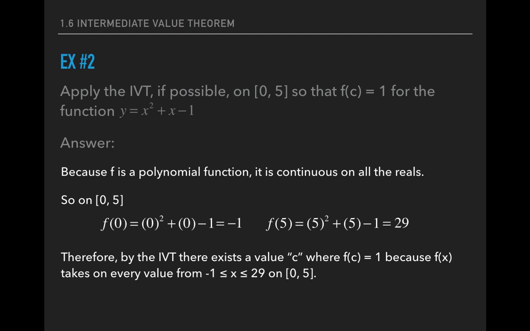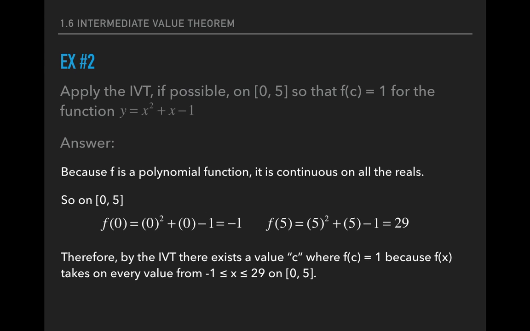Well, definitely that's going to happen, because by our theorem, there is going to exist a value c such that if you plug it in, it gives you 1, because the function takes on every value between -1 and 29 on our interval [0, 5]. So it will happen, definitely. And if you wanted to check that graphically, you could graph that and actually find that value.